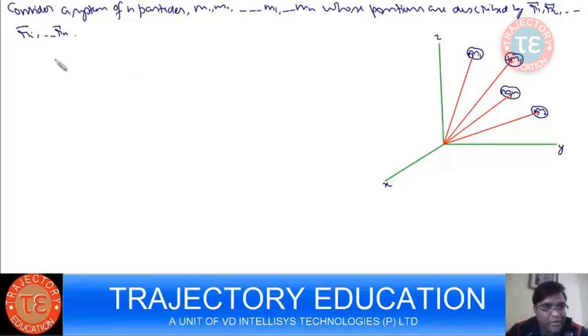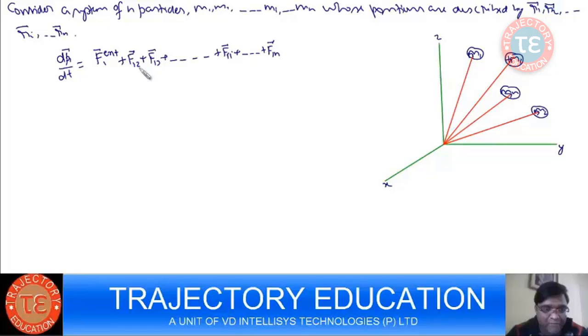Then if I write Newton's law for every particle, dp1 by dt is going to be F1 external, F12, F13, F1i, and F1n, right?